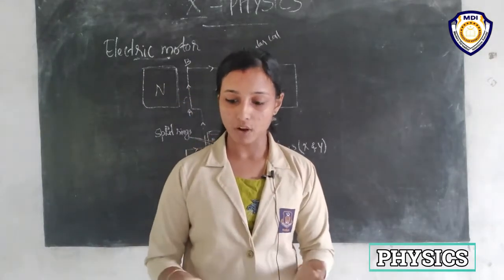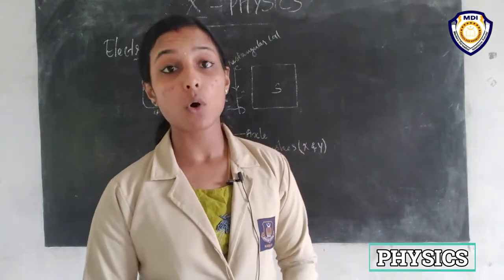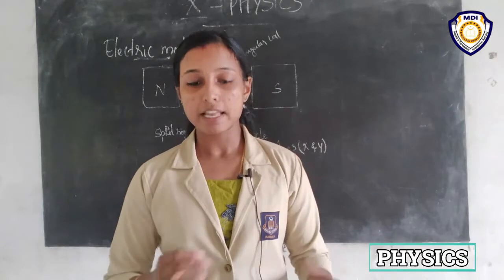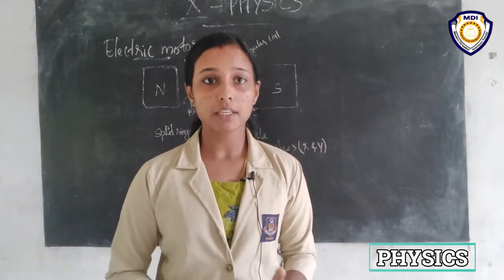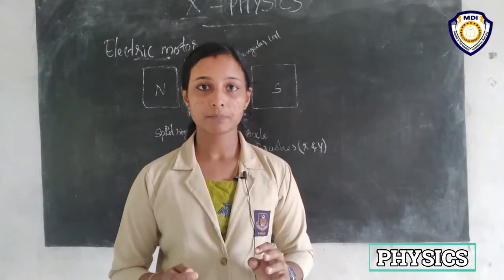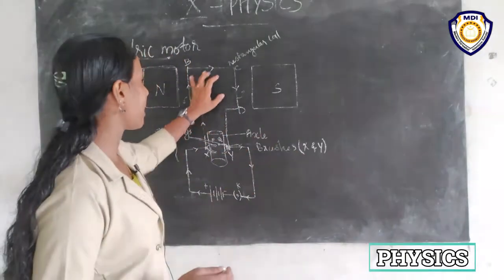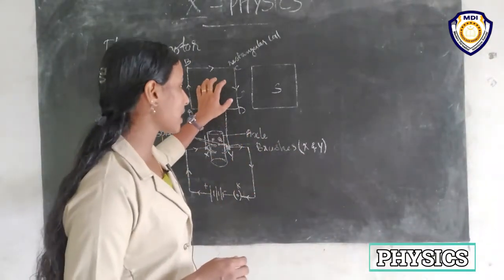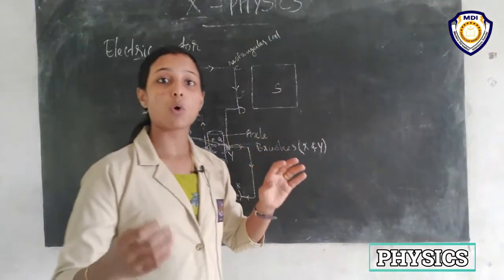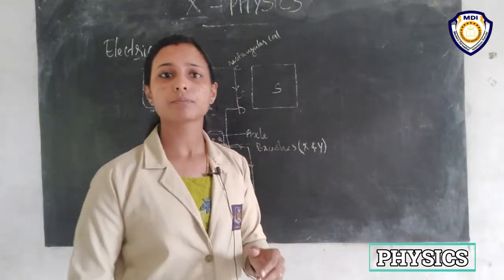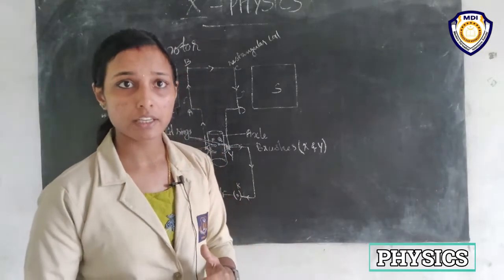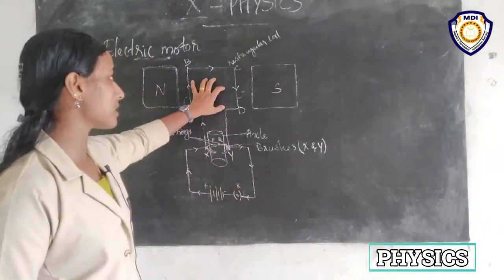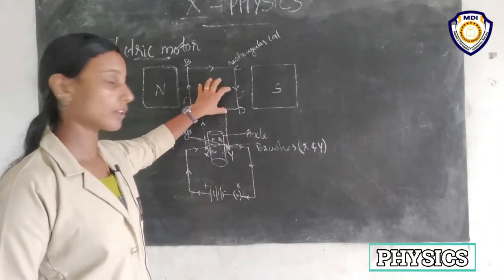The soft iron core plus the coil together is called an armature, right? Here we have a simple rectangular coil. Instead of this single rectangular coil, in commercial motors we use an armature to produce high mechanical energy, right?